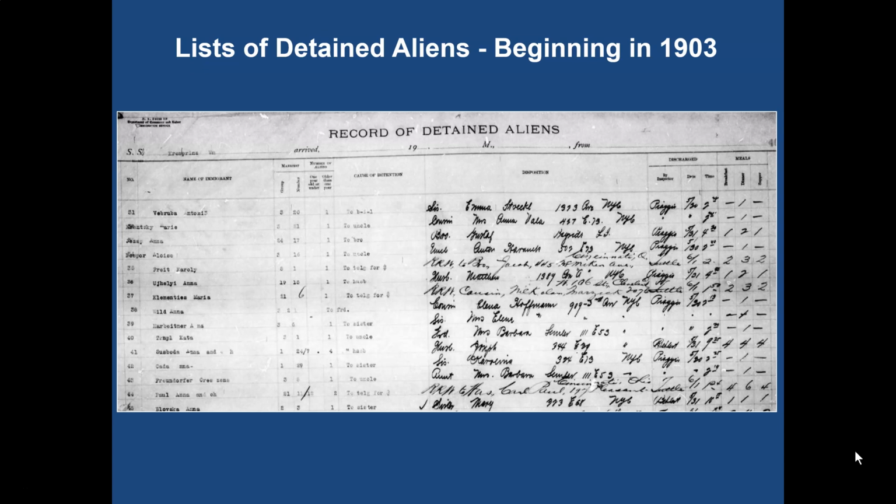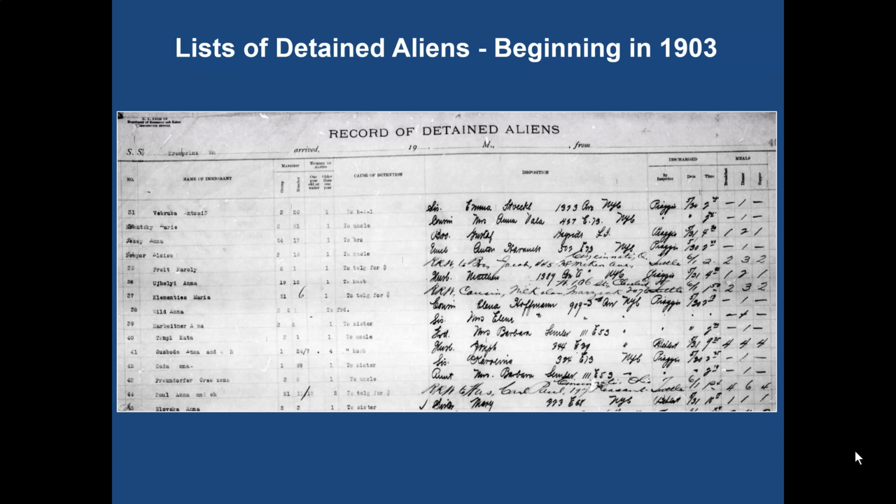So on this list, we can see the cause of detention, which is the reason they were held back. And here, most of the people are women, and you'll see something like to uncle, to brother, to sister. Women needed to wait for someone to pick them up. They weren't allowed to travel alone into the U.S. for their safety.